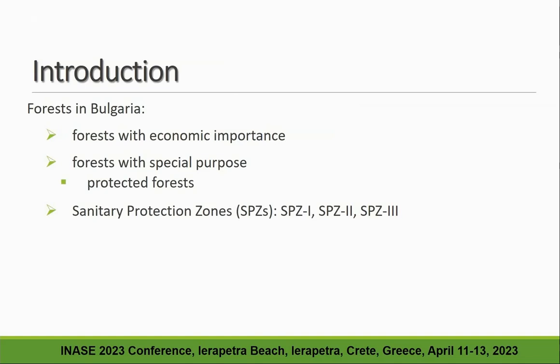The sanitary protection zones around water sources and drinking and domestic water supply facilities are defined and conditioned, and the procedure for their study, design, improvement and exploitation are established by the regulation of the Ministry of the Environment and Water, the Ministry of Health and the Ministry of Regional Development and Public Works.